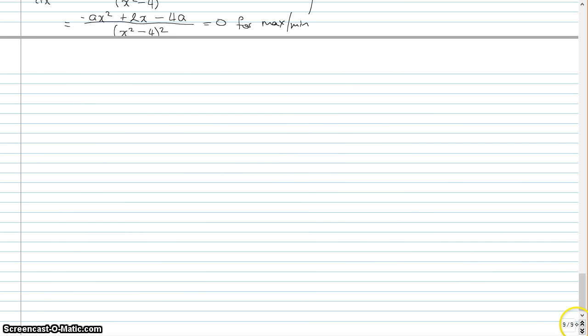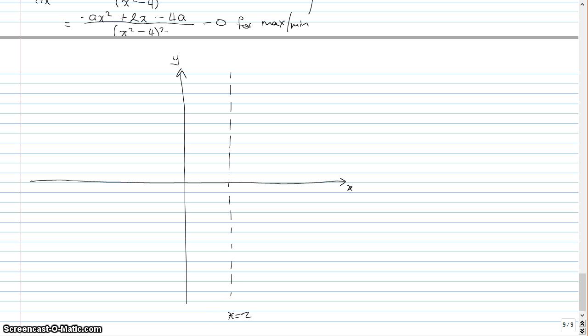So what does that mean our graph looks like? Again, please forgive me, this is not the easiest surface to draw on, but I'll try and get the main features down for you guys anyway. So we've got asymptotes at x equals 2, x equals minus 2, at y equals 0.